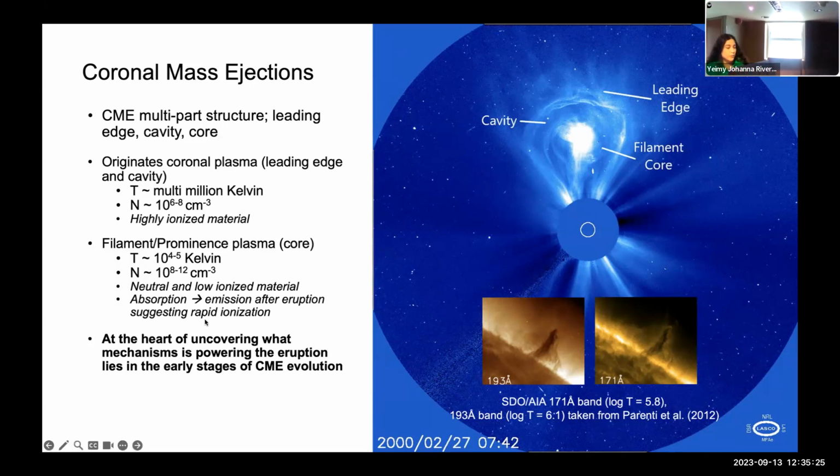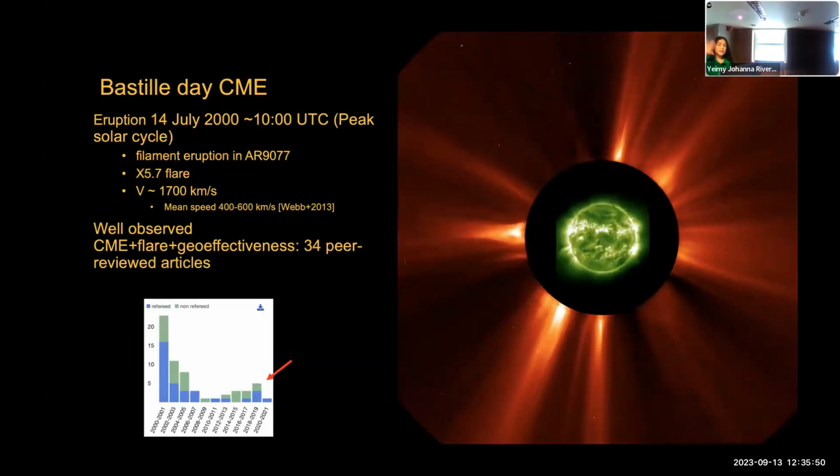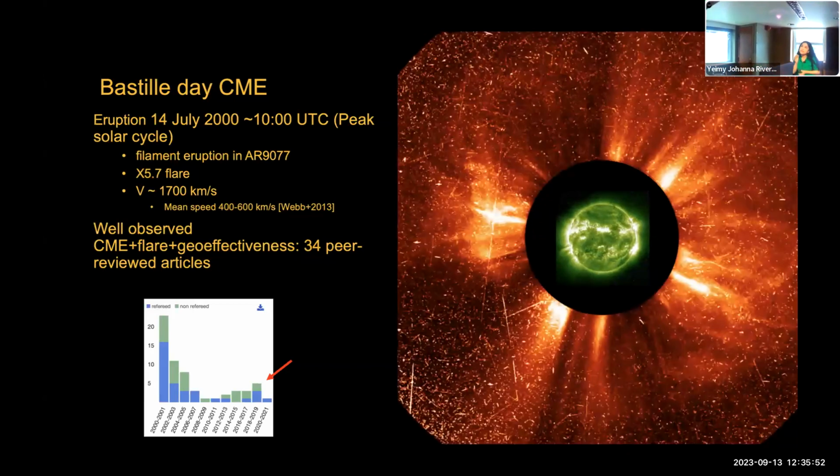This is really one of the ways we know that the heating is happening very quickly, and really at the heart of uncovering the mechanisms heating the plasma and accelerating it out at such high velocities, gaining so much kinetic energy, is during these early stages of evolution from the sun, from this liftoff stage through these coronagraph images.